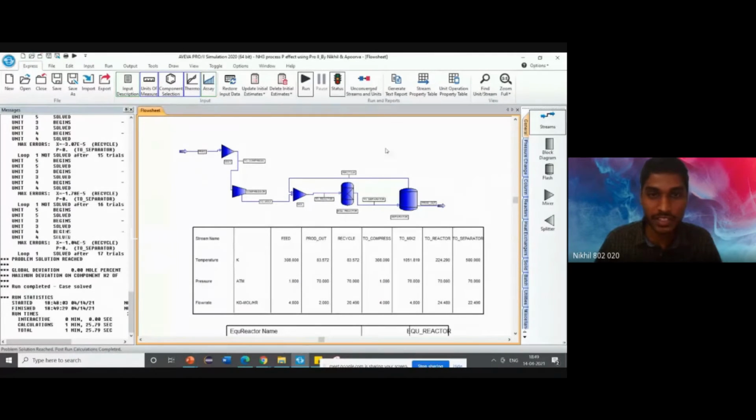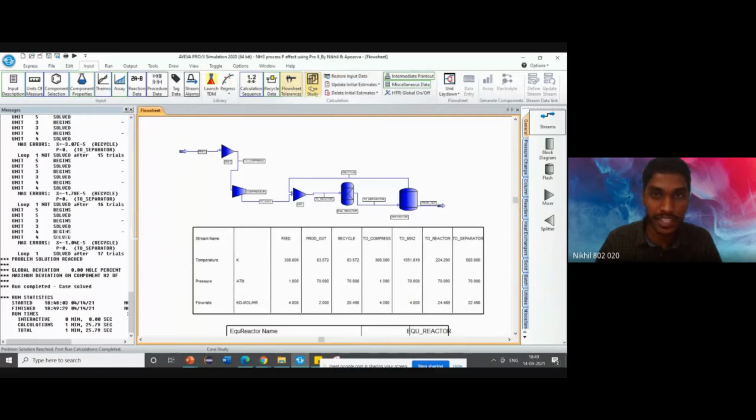When it turns blue, in the sense that our simulation has converged. And now I'll show you how we did the case study.